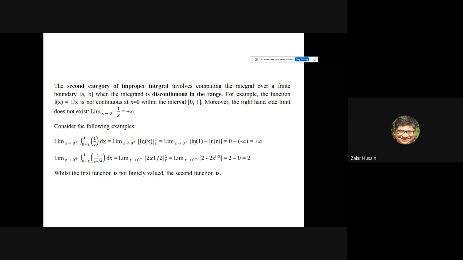At the starting point, it doesn't have any value. Moreover, if we go to the right hand side limit, 1 by x, as we go on increasing x, what happens?